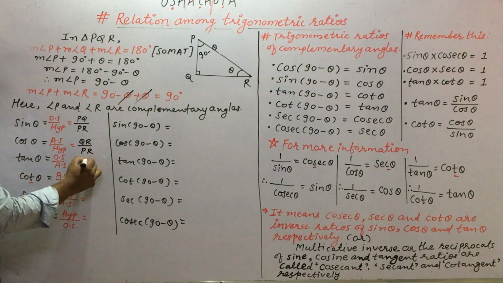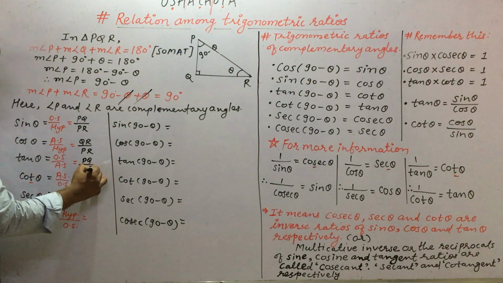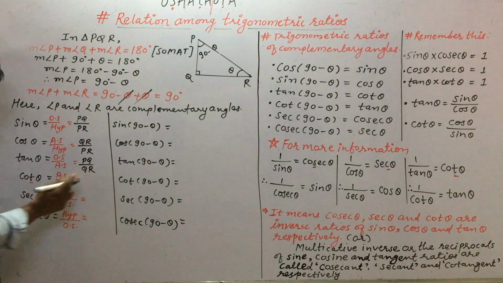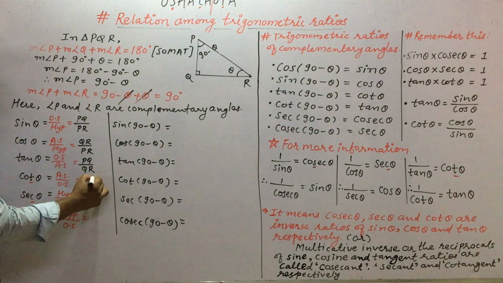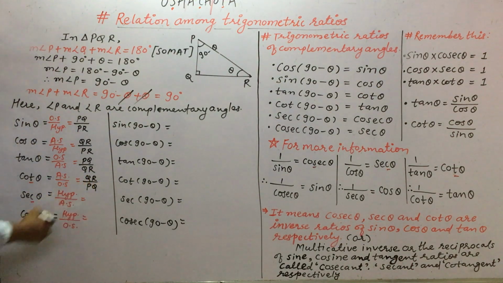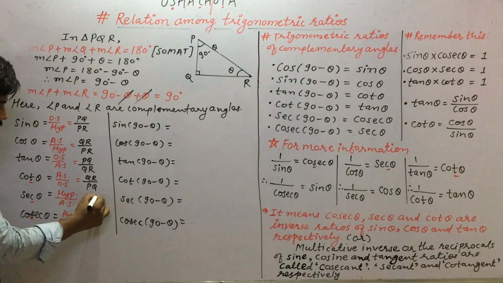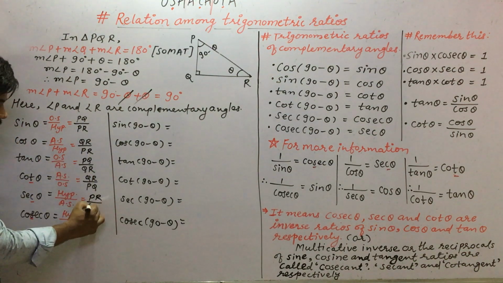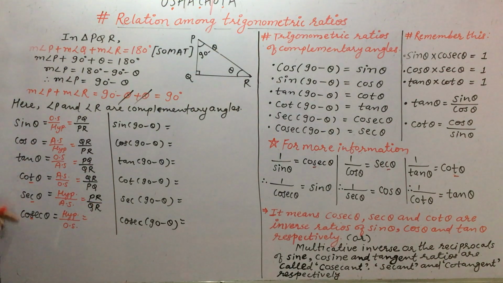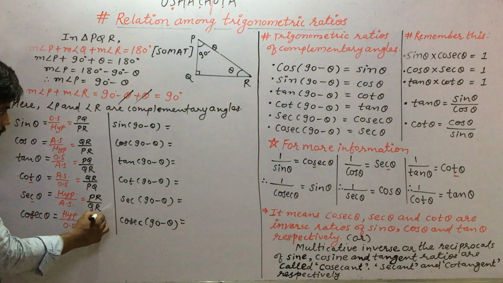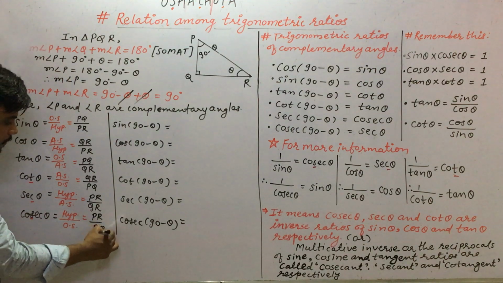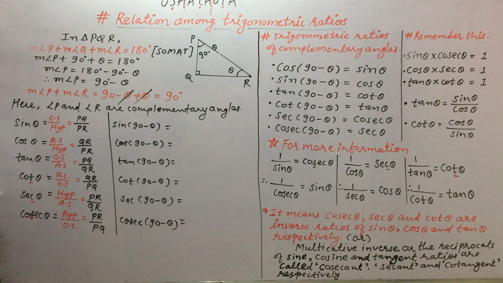Tan will be PQ upon QR. Cot will be the reciprocal of tan, so QR upon PQ. Sec is the reciprocal of cos, so PR upon QR. And cosec is the reciprocal of sin, so PR upon PQ. Right?